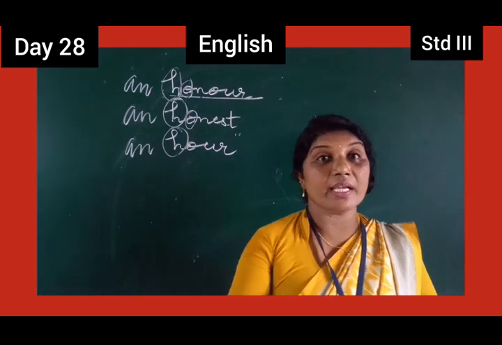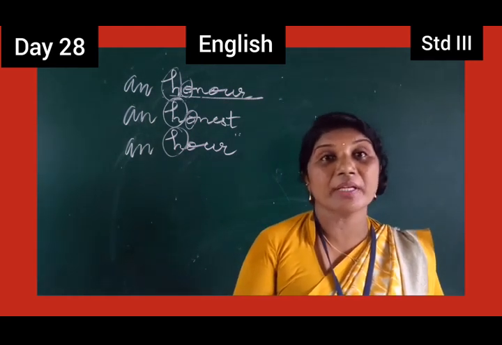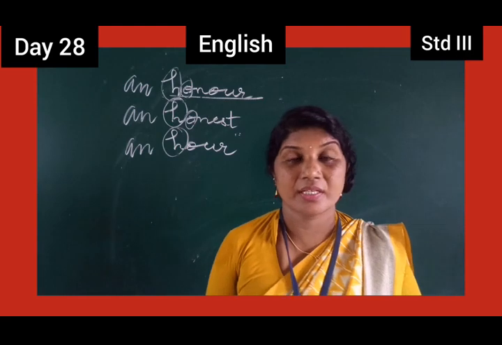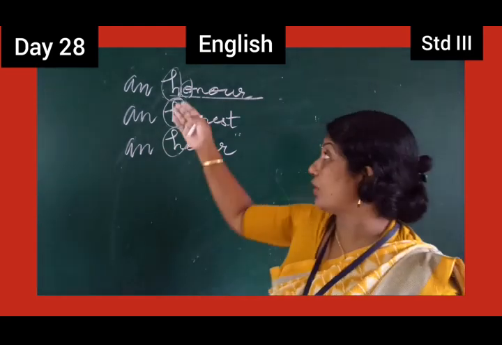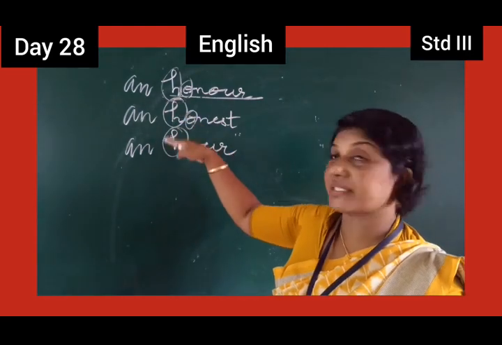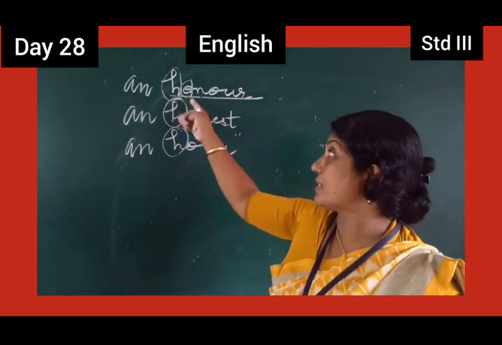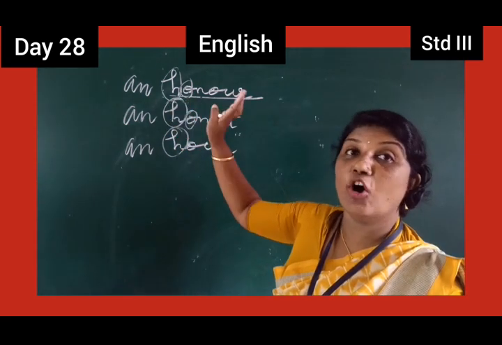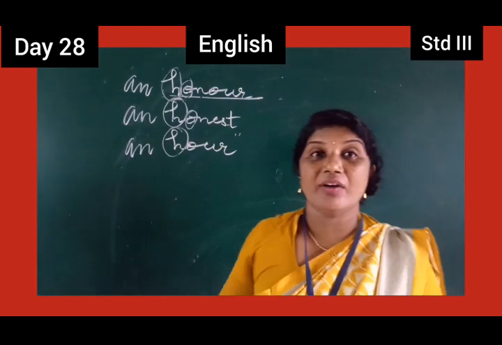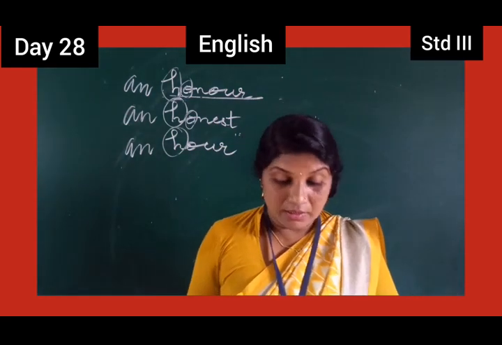Then we use a in front of the word beginning with consonants. Understand? Sometimes, as I told you, the first letter is a silent H. So you have to take the next letter, O, honor, honest, hour. Right? Okay children?